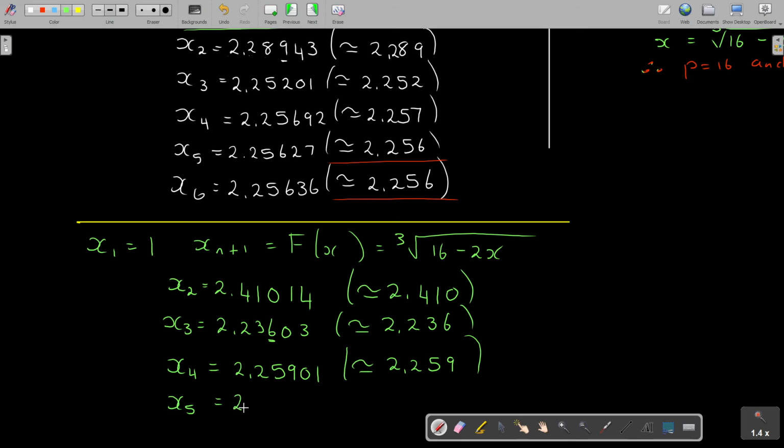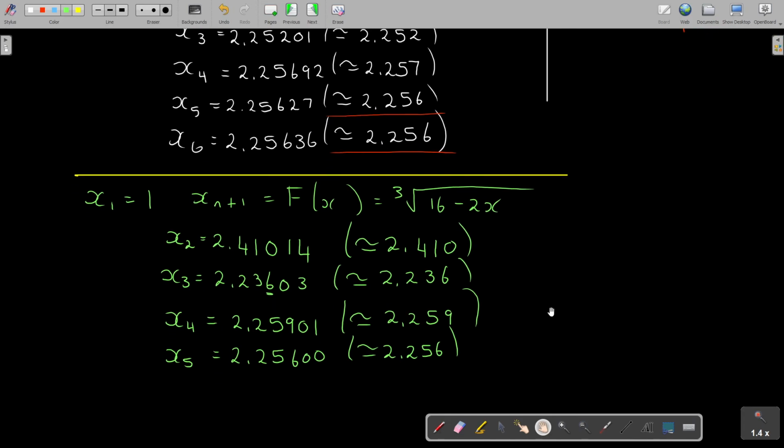And that's 2.2550. Now be careful with all those 9s. So it's 1, 2, 3, 4, so it will be 5, that one will just be a 6. So 2.25600, and if I approximate it, 2.256.